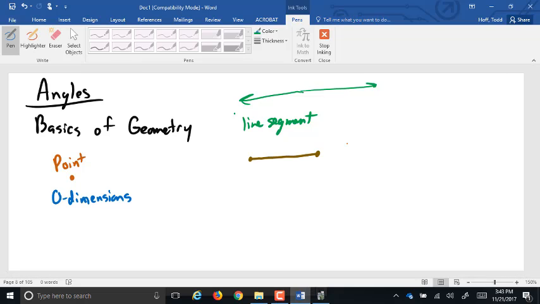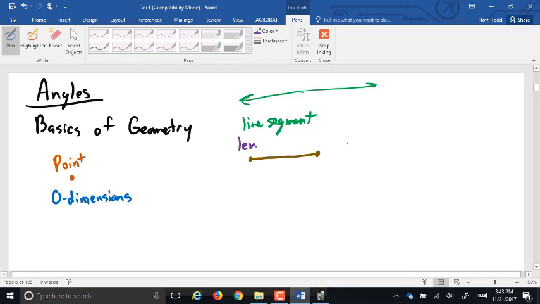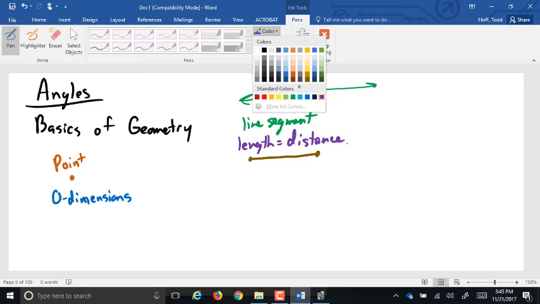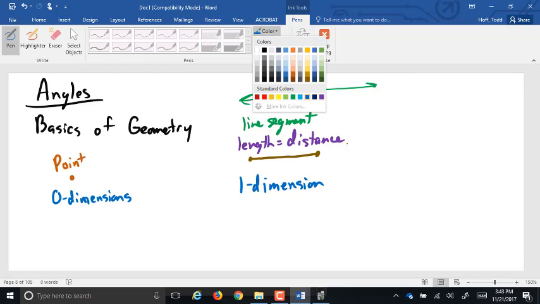So often when we refer to a line, we are talking about a line segment. The length of that line segment is equal to the distance I moved the point. This now has 1 dimension, because our point has moved in 1 direction.